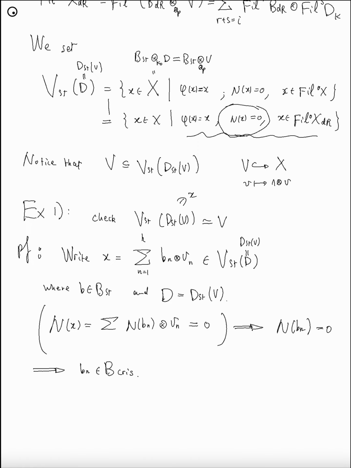Did we mention this or not? N equals 0 of B_ST is B_cris. So one thing is that the crystalline representations correspond to the filtered phi-modules, or you could also say filtered phi-modules with N equals 0.